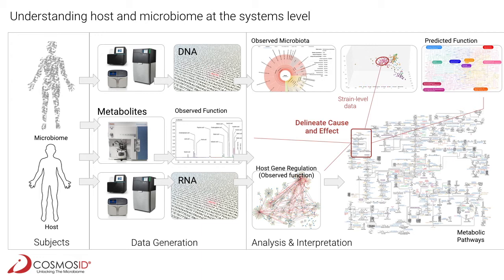And what you then can do is you can map those independently obtained data types, such as microbiome function, taxonomic microbiome composition, and changes in metabolites, to directional relationship networks, such as metabolic pathway maps, which allows you to generate hypotheses in a much better fashion than by using any single line of evidence by itself.